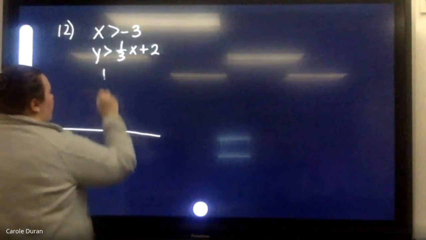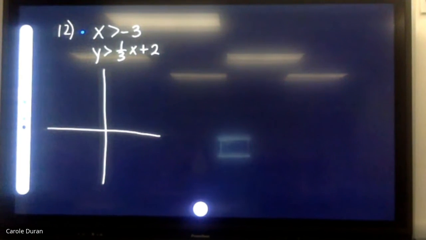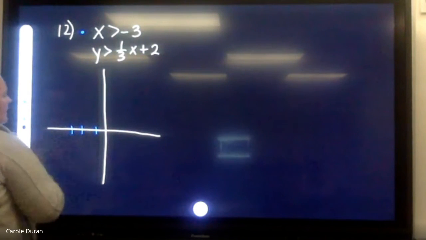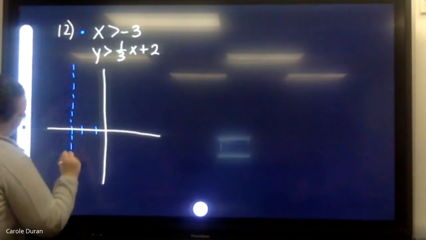And I graph them as if there was an equal sign instead of an inequality to start with, okay? So this first one, I'm gonna color code it blue. Is the same as x equals -3. So I go to -3 on the x-axis, and I'm going to draw a dotted line because that's a single inequality. If it's a double inequality, then I use a solid line.